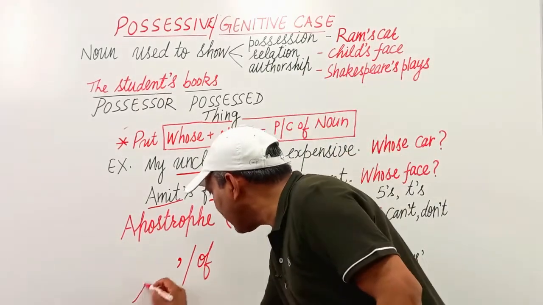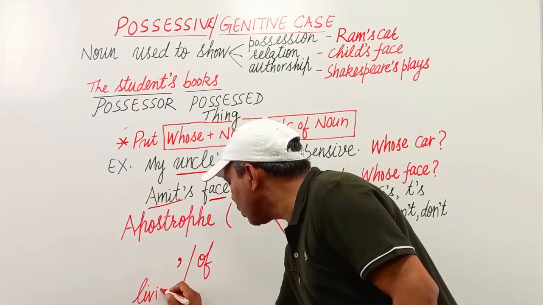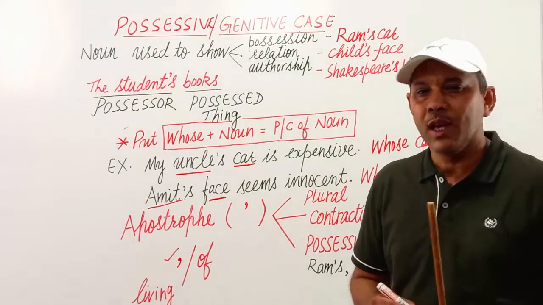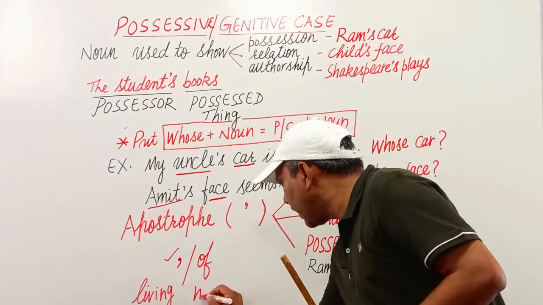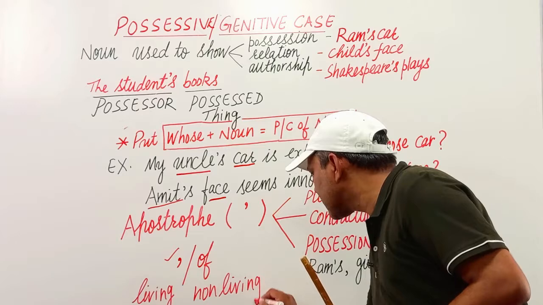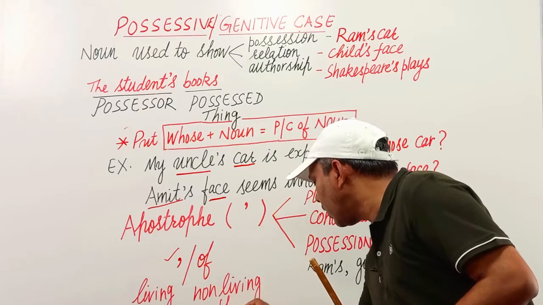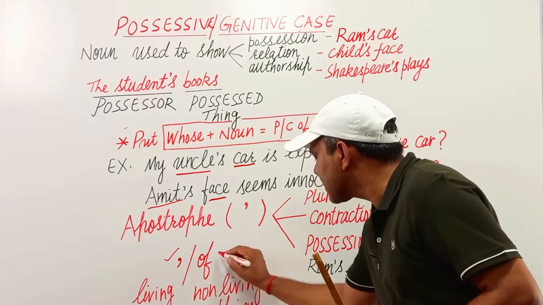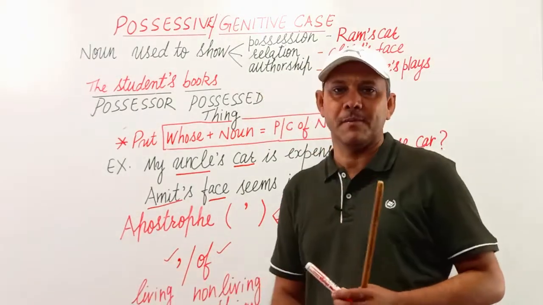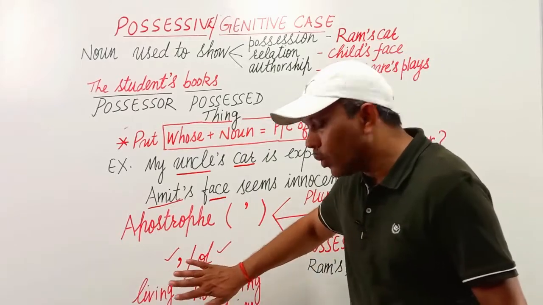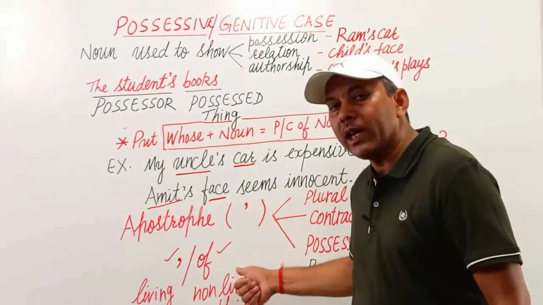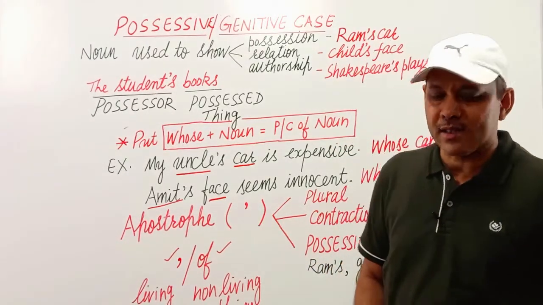In case of living things, we usually show possession by using apostrophe. But in case of non-living things, we show possessions by writing of instead of apostrophe. In this way, we can show possession in case of living or non-living things in a given sentence.